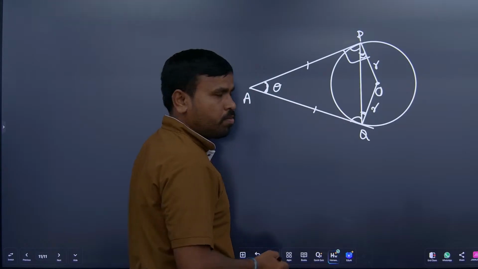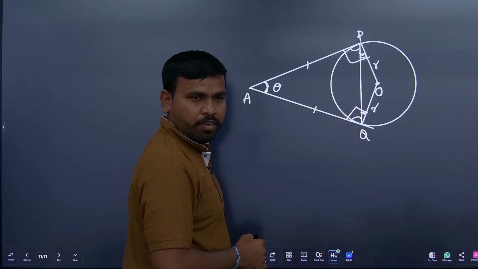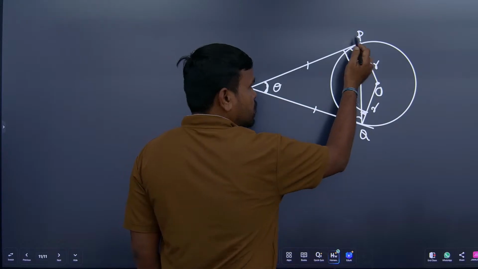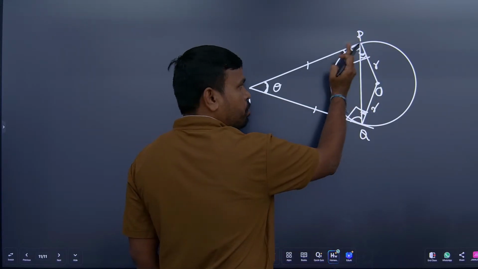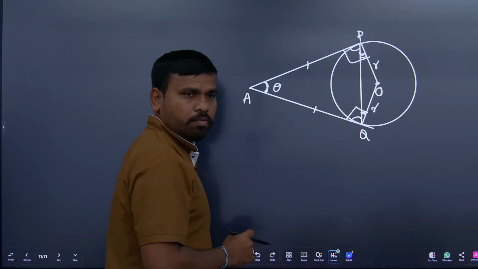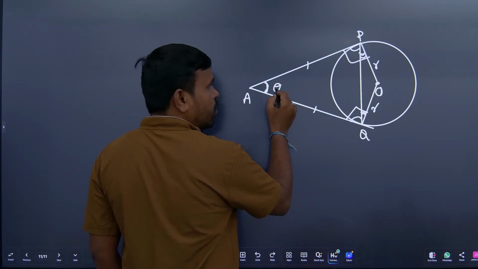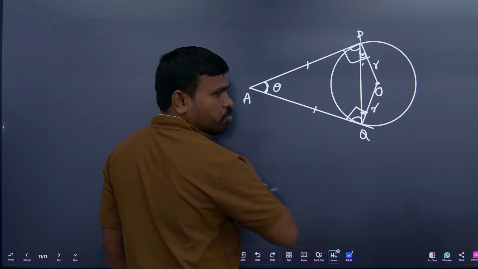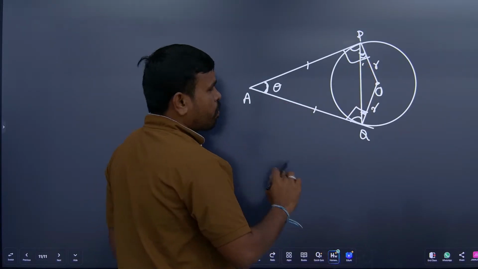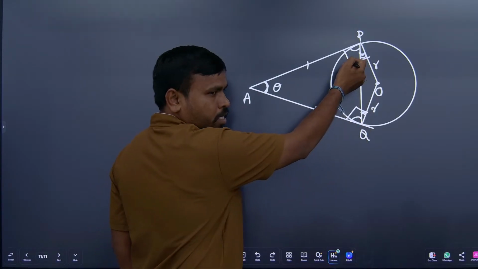Yes, this is 90 degrees. But this 90 degrees is divided into two parts, one larger and one smaller. At this angle this part is removed, so this will be less than 90 degrees.